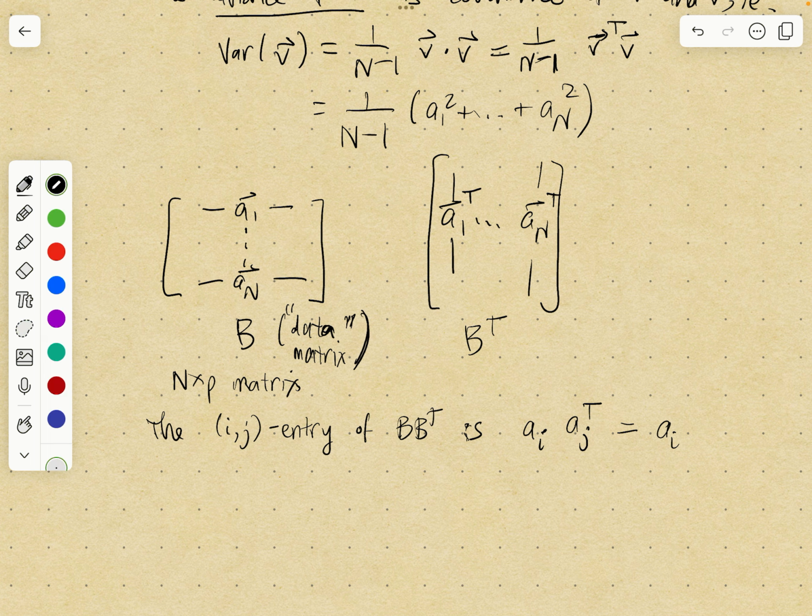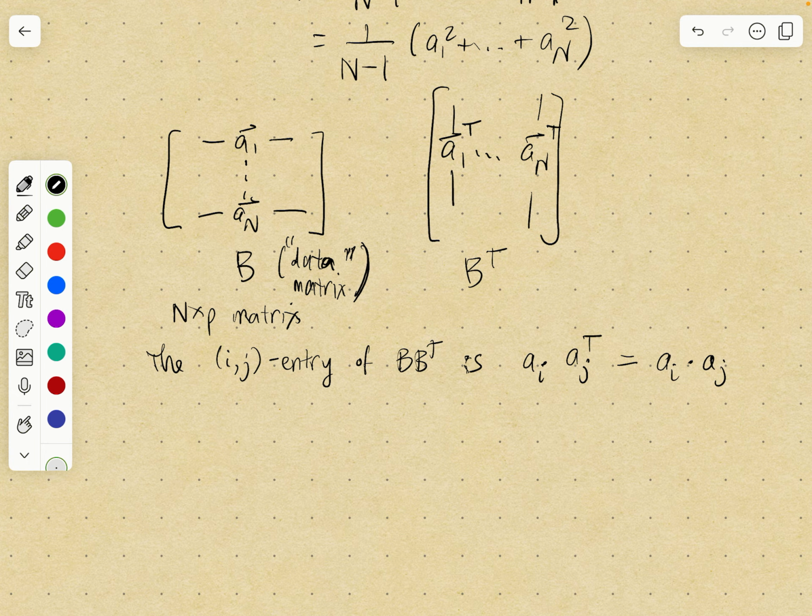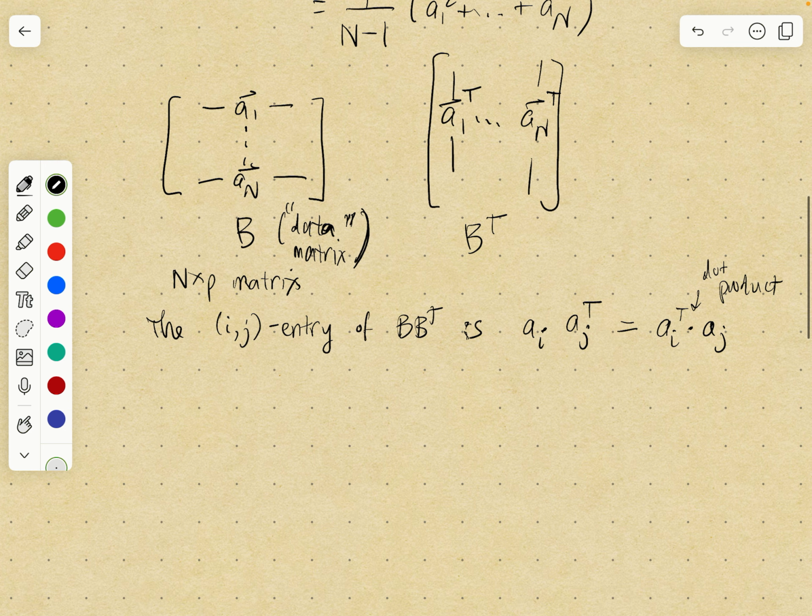But anyway, I'm just going to write this as AI dot AJ. So this is the dot product, right? I guess it should be AI transpose to be super correct.